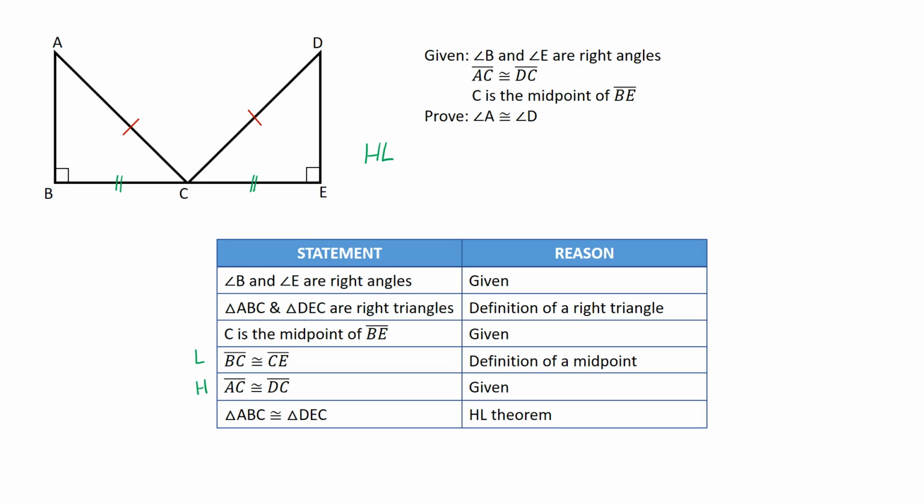We've got to say angle A and D are congruent. Looks like I'm out of boxes, but that's okay. That'll happen sometimes. All you need to do is add another box. So that's what we did here. So we've got angle A is congruent to angle D because of CPCTC. Corresponding parts of congruent triangles are congruent. A lot of C's. And that was what we were trying to do.